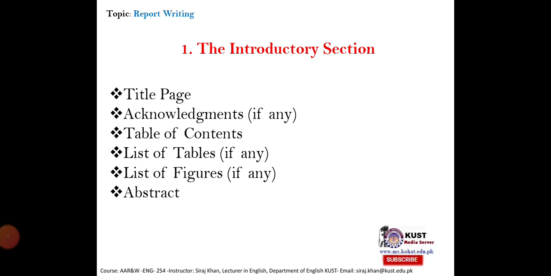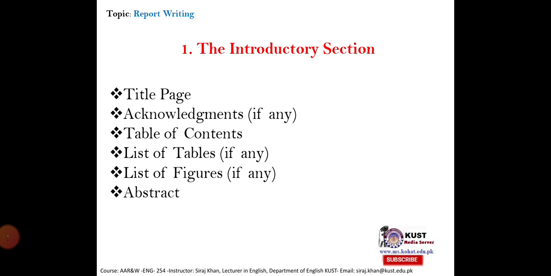An abstract usually answers questions: why the report has been written, how the study was undertaken, what the main findings were, and what the significance of the study is. Be specific and precise so that the reader can get a good understanding of the main points without having to read the whole report.